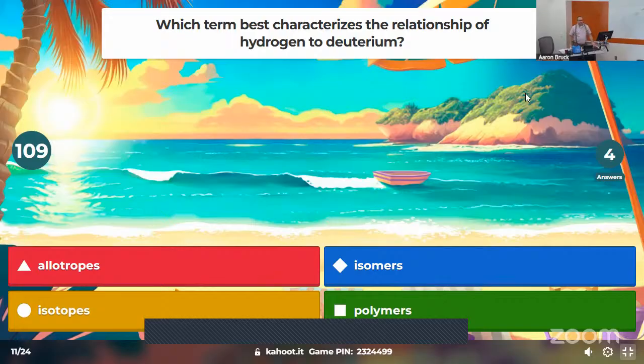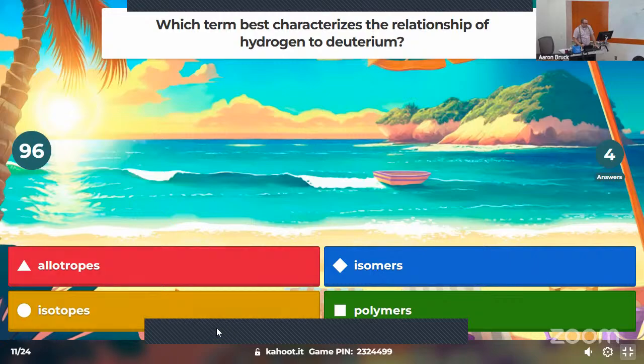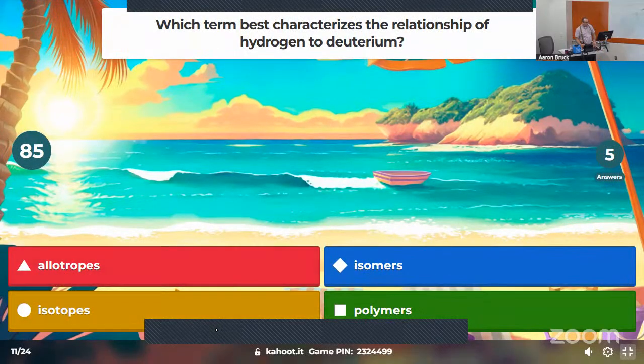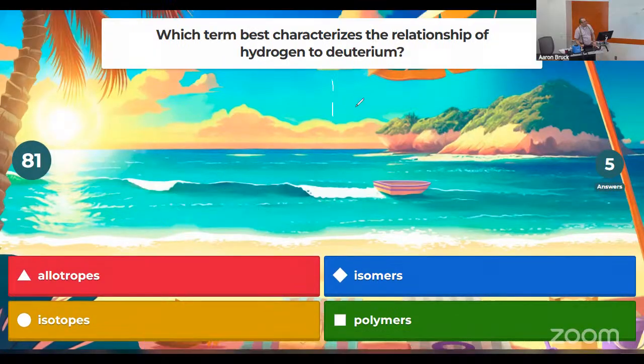Probably a better question. Do we know what deuterium is? Okay. Now, 4 of you have already answered, so for those of you that guessed wrong, you'll have to kind of live with that. So deuterium is when we describe something as hydrogen.